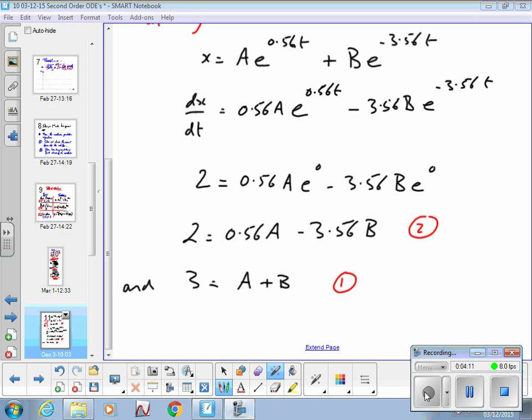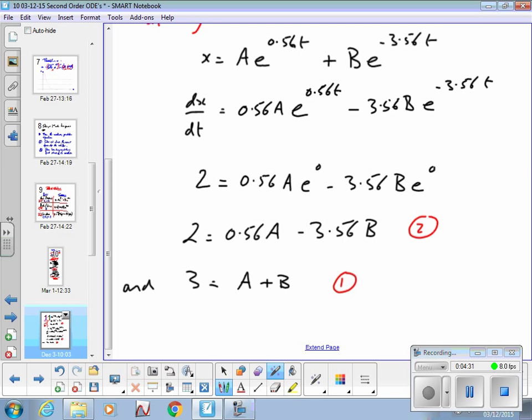One way would be to make a's the same in both of these. So if I were to multiply number 1 by 0.56, I'd have 0.56a, and then I could subtract one from the other and they would go, and I'd have b. That's, if you remember that, the elimination process.